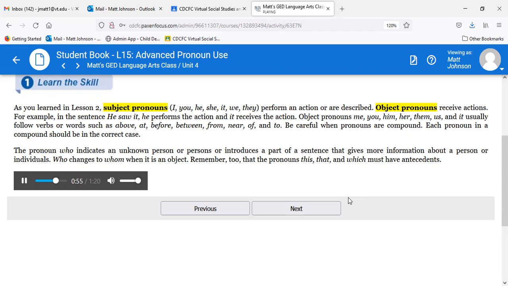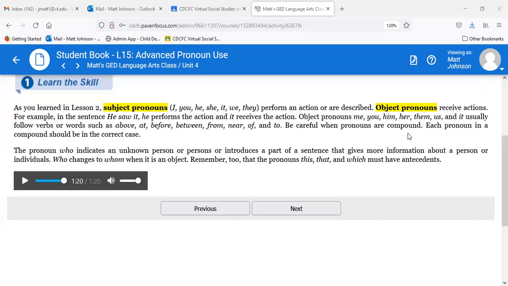Their case remains the same. The pronoun who indicates an unknown person or persons, or introduces a part of a sentence that gives more information about a person or individuals. Who changes to whom when it is an object. Remember, too, that the pronouns this, that, and which must have antecedents.